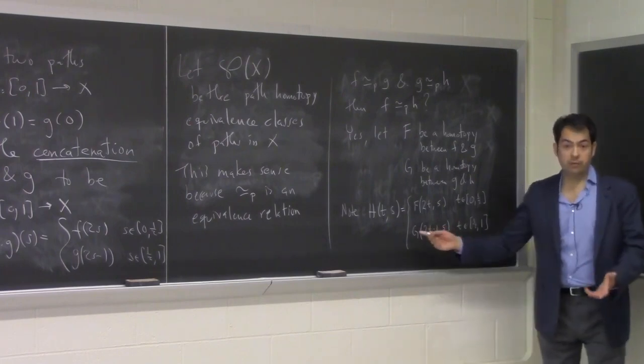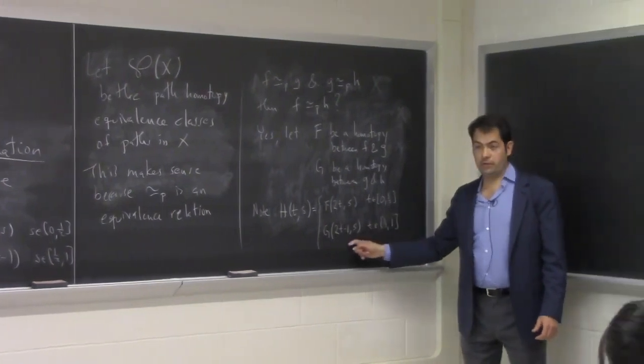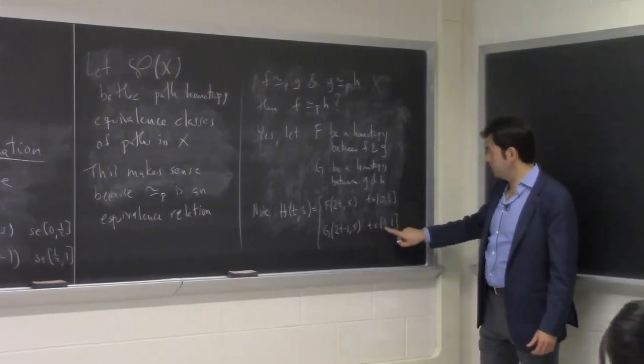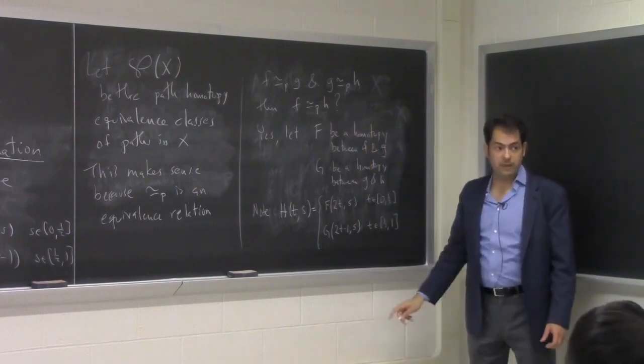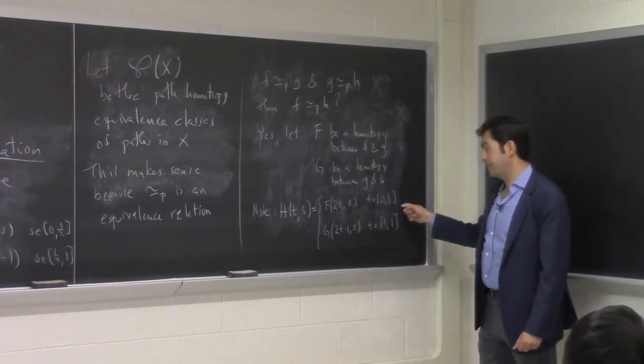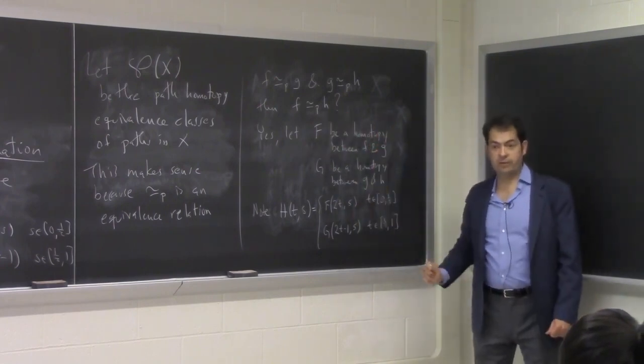And there we go. It's a continuous function because each of these is continuous, and at the endpoints they match because they're both equal to g. And it starts at f and it ends at h. So it does what we wanted.